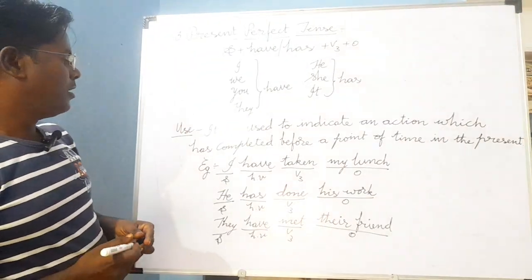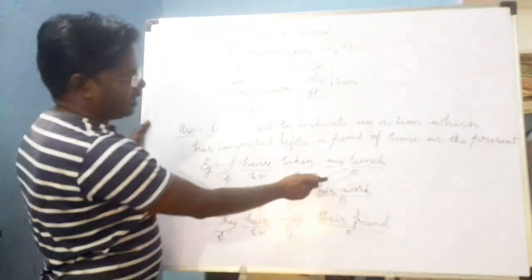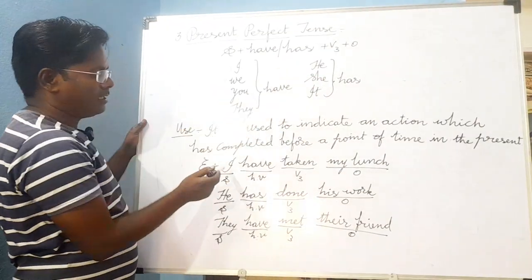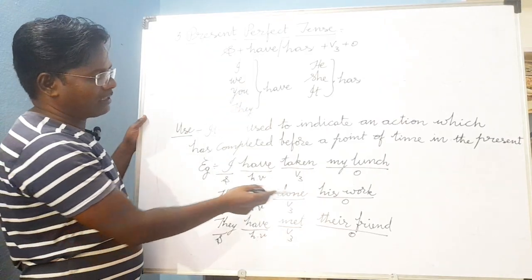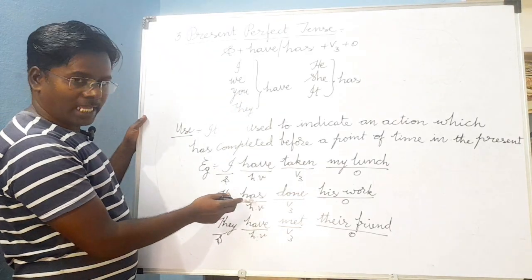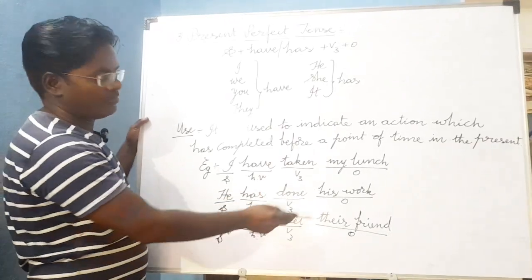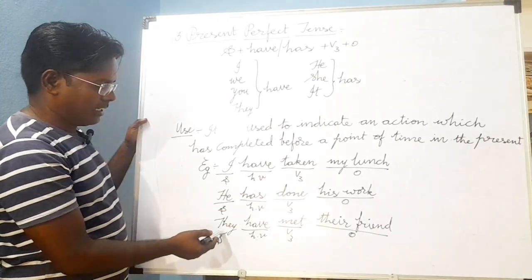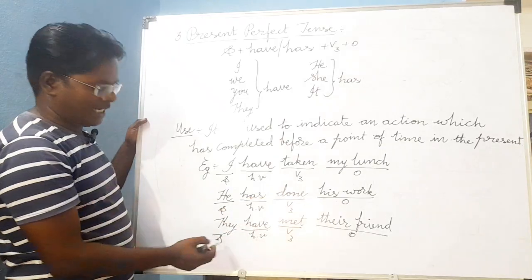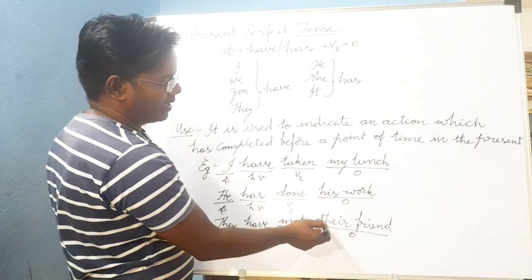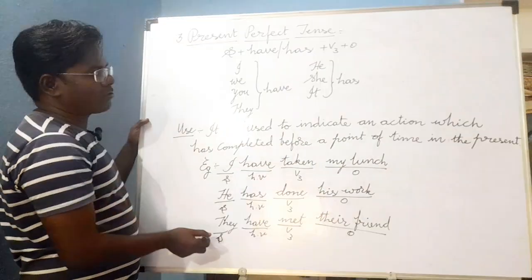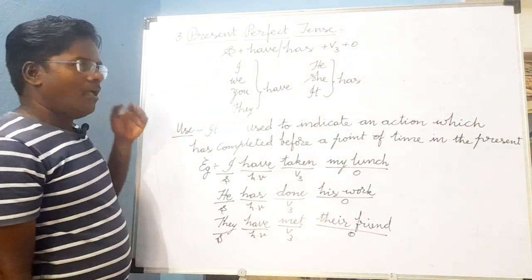So remember, I have taken my lunch, he has done his work, and they have met their friend all follow the same structure: subject, helping verb, V3 form, and object.